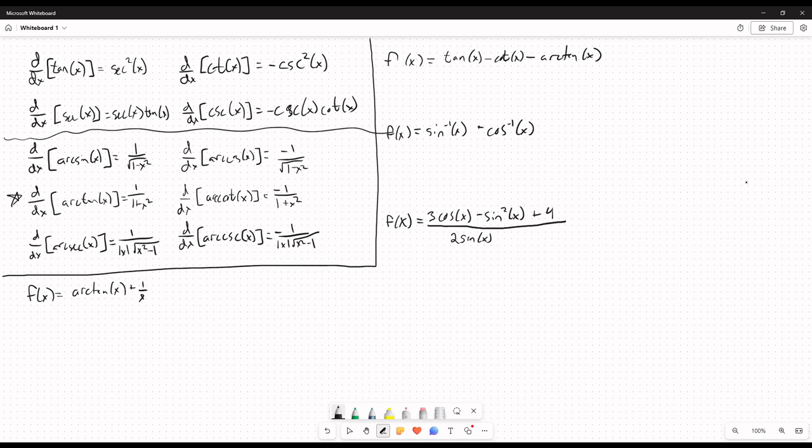The range of tangent is all real numbers, which means that the domain of arctangent is all real numbers. And sure enough, that's also true of its derivative. This has a domain of all real numbers. The range of secant is all numbers greater than or equal to 1 and all numbers less than or equal to -1. And sure enough, the domain of arcsecant is exactly that.